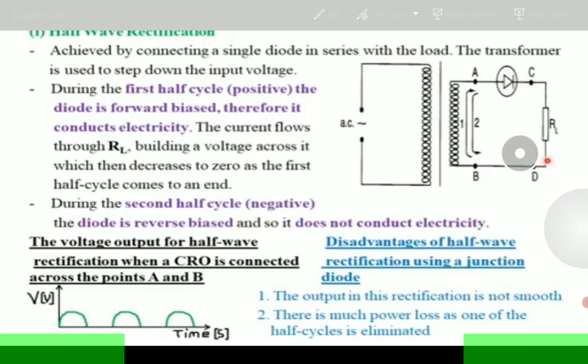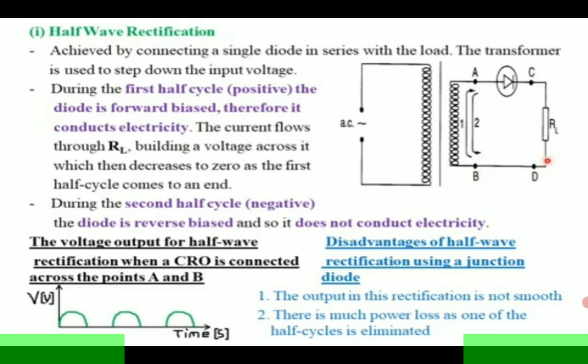Load is just a resistor there. Usually such a question may have 6 marks, so make sure that you know the diagram very well and the points associated with it. In case they ask you for disadvantages, also don't hesitate to give the 2 disadvantages that we have discussed.